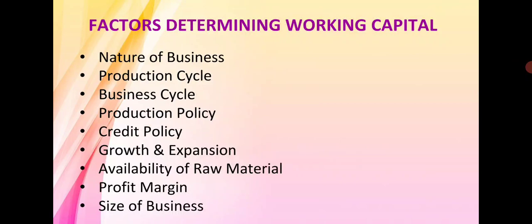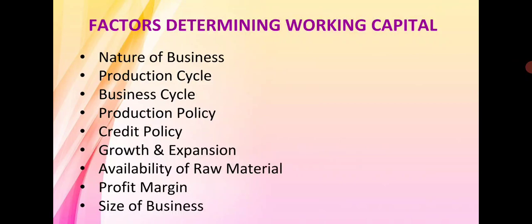Second one is production cycle. If you are manufacturing a normal product or a regular product, then your production cycle will continue. But if your business is engaged in seasonal goods, at that time there is a gap in your production cycle.